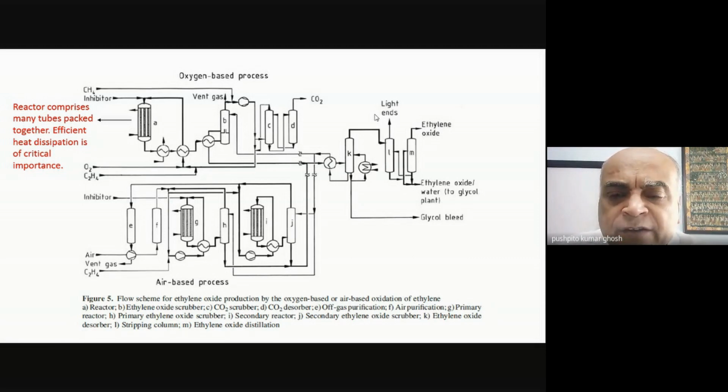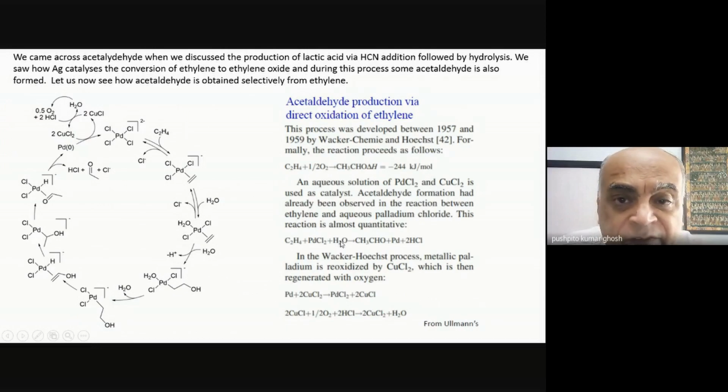So ethylene oxide reacts with water and forms ethylene glycol. So there will be some glycol formation which will occur at this stage, and there will also be some glycol which will be formed at this stage. That's the glycol which will take off from your plant. So broadly, this is the way in which the ethylene oxide process is practiced.